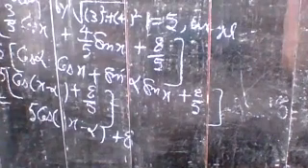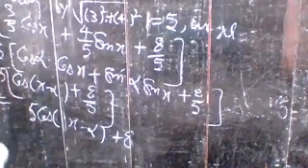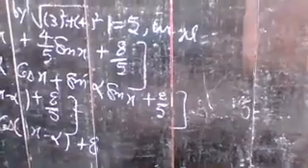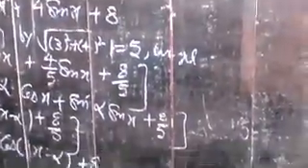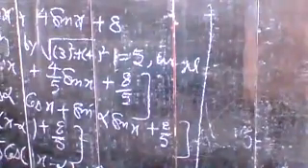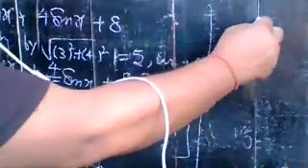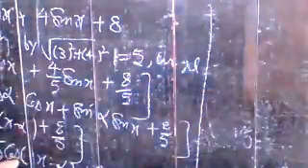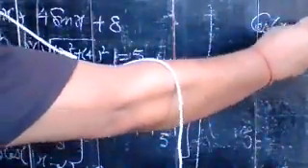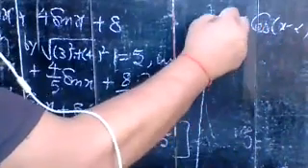So how do you apply this result? You know that cos of x minus alpha is greater than or equal to -1 and less than or equal to 1.